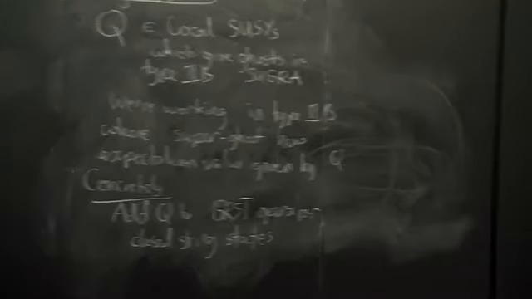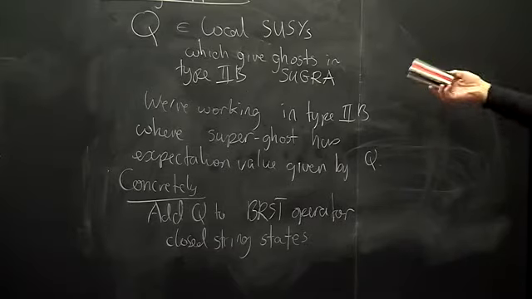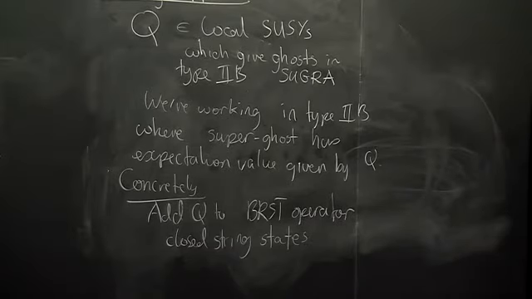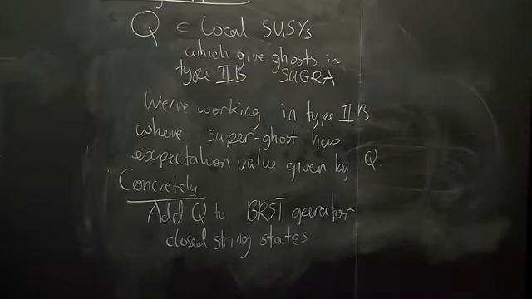One more thing you might wonder: I've talked about branes and the low energy supergravity, but what about the string itself? Again, the only way I know how to think about this is in some kind of fancy language like this. Yes, the superghost is bosonic.